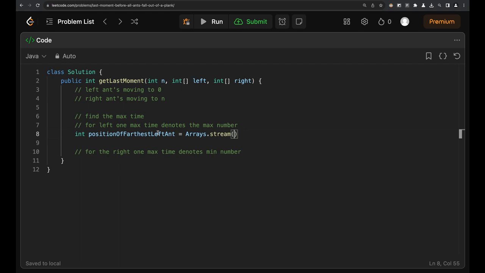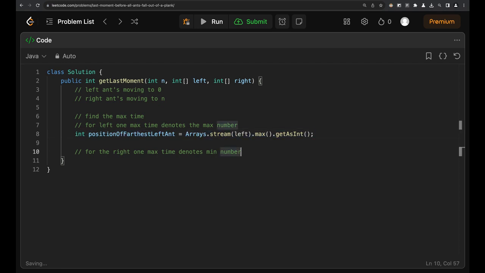Java developers are criticized for using such long names, be it for a method or a variable. So stream left, I'm streaming the array from the left, taking max, and it gives me an optional element, which I'm getting as int.